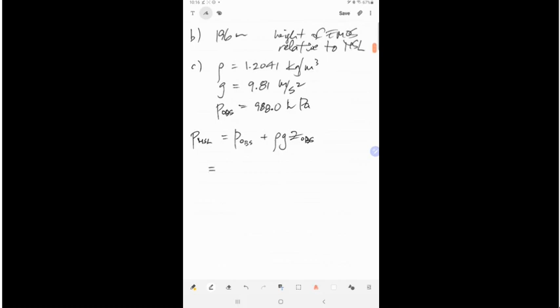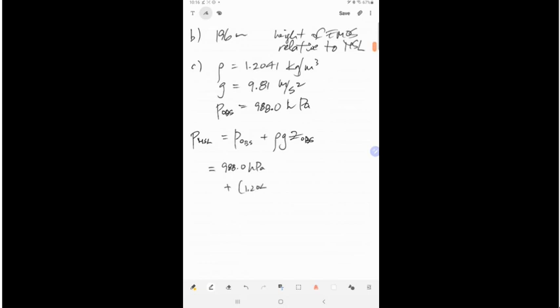So P observed is 988.0 hectopascals plus density, 1.2041 kilograms per meter cubed. Tell you what, let me put all of this on the next line just to make the break a little bit more convenient. So this is all part of the same calculation.